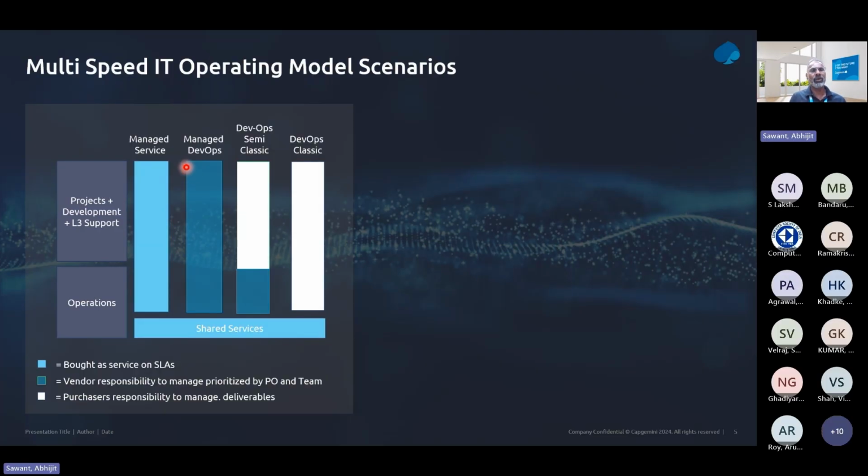This is again whole end-to-end ownership lying with the supplier, but with the guidance given by a purchaser. Then these are the two parts which are called DevOps semi-classic, and fully classic DevOps, which we all know.